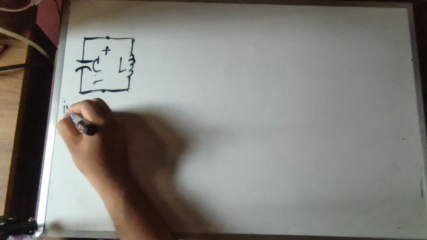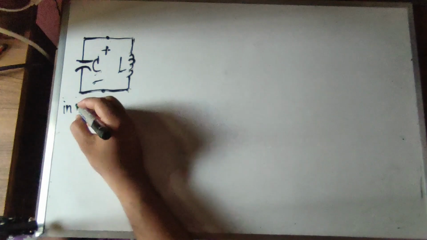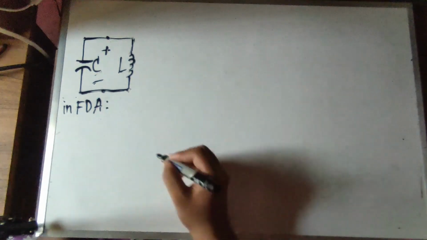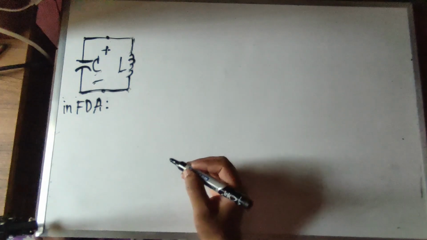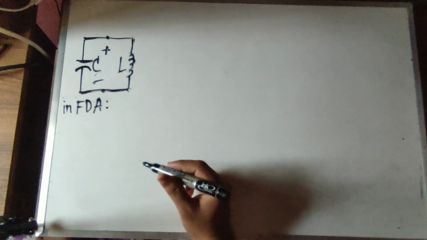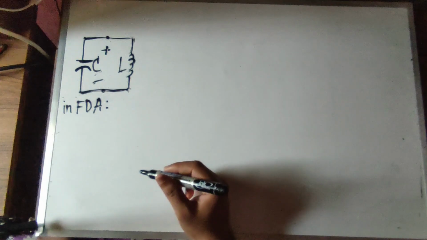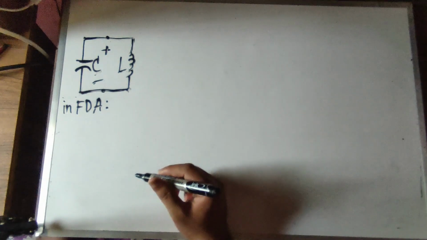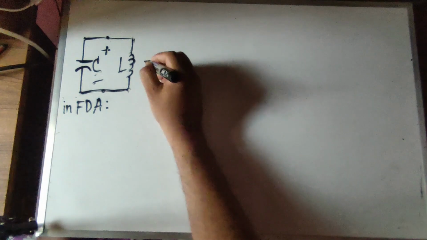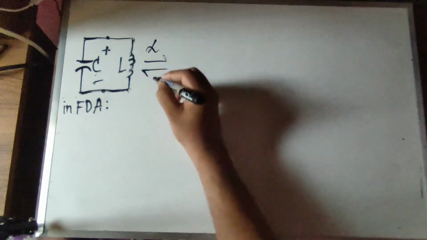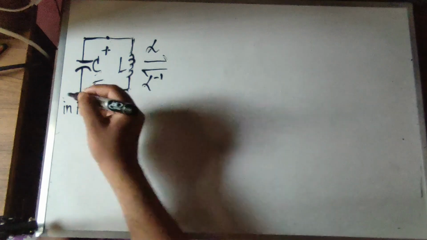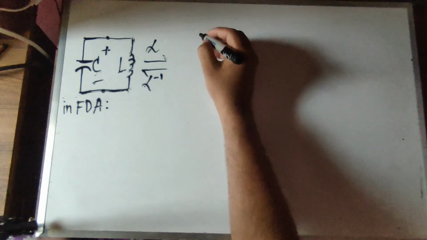Now we will do the analysis of the circuit in the frequency domain. The LC circuit is obviously an LTI system, so it's assumed linear, and because of that property we can apply the Laplace transform. So let us apply Laplace and inverse Laplace to this.